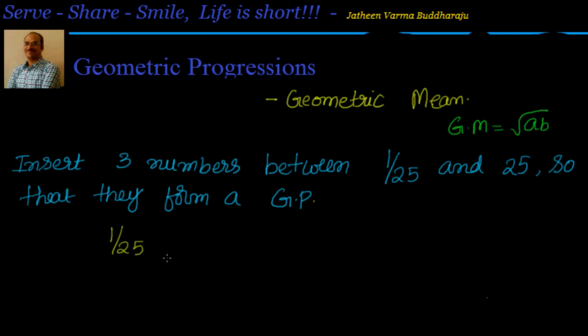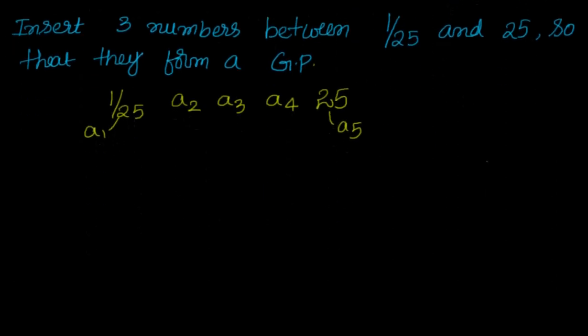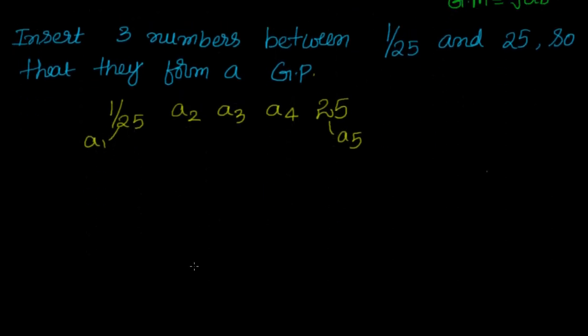After that I have to insert three numbers, let us say a2, a3, a4, and the next will be equal to 25. So a1 equals 1 by 25 and a5 equals 25. Now we have to find these three numbers so that they are in geometric progression.